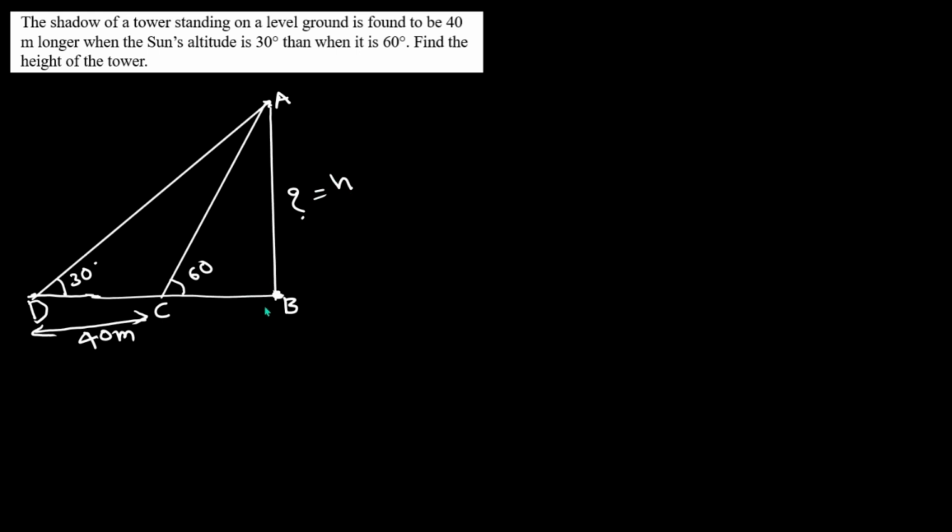And when the sun is at 60 degrees, the shadow is X, because we do not know that. But when the angle is 30 degrees, we know the shadow: the total distance, that is X plus 40. Now we use simple triangles, tan 30 and tan 60. I'm writing tan 60 first. What is tan 60? Opposite side AB by adjacent side CB.